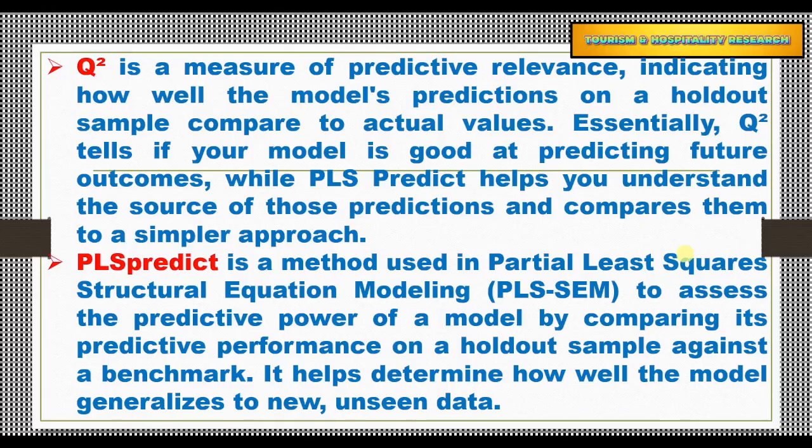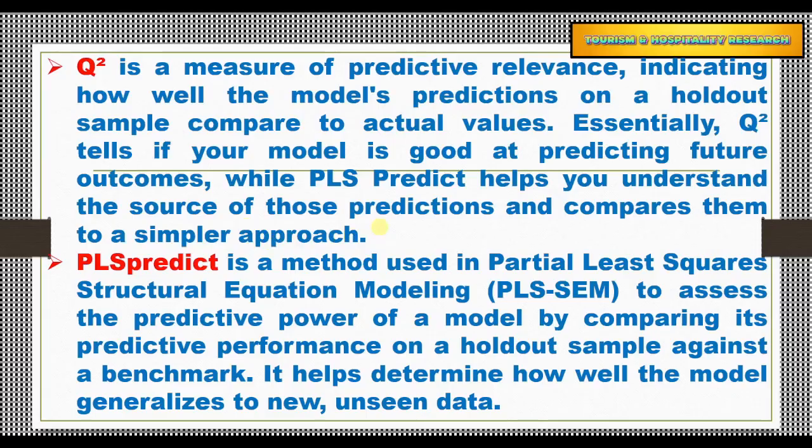Q square is a measure of predictive relevance, indicating how well the model's predictions on a holdout sample compare to the actual values. Essentially, Q square tells if your model is good at predicting future outcomes, while PLSpredict helps you to understand the source of those predictions and compares them to a simpler approach, that is linear model.